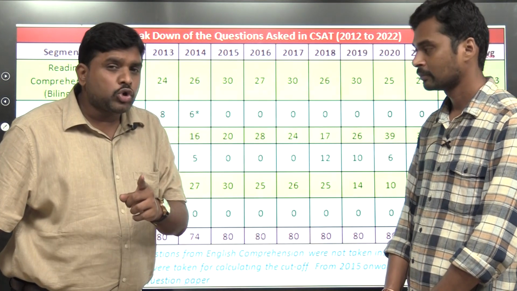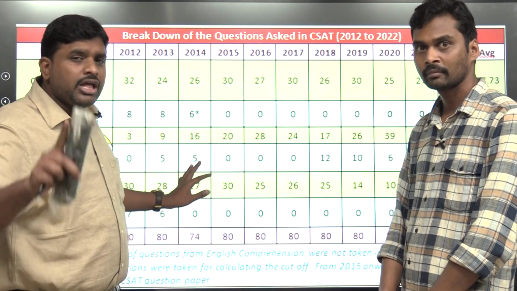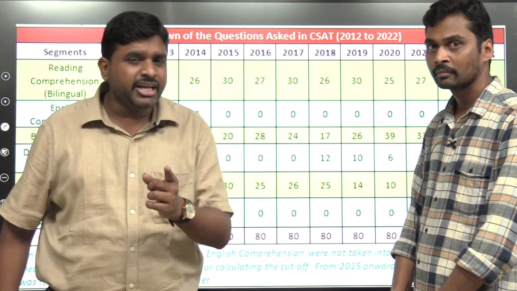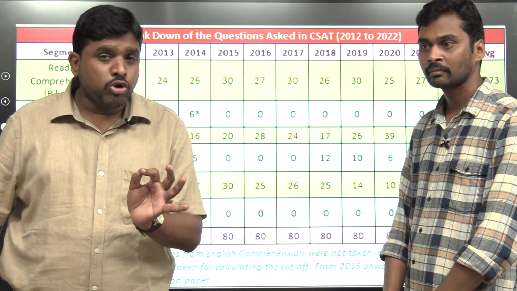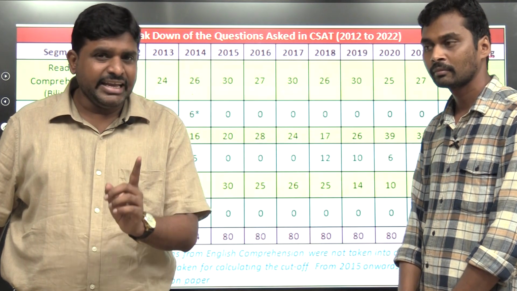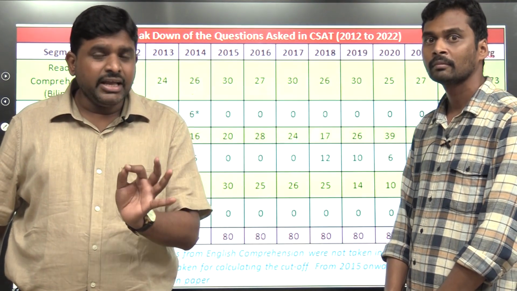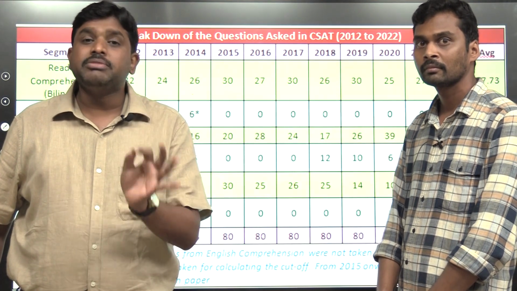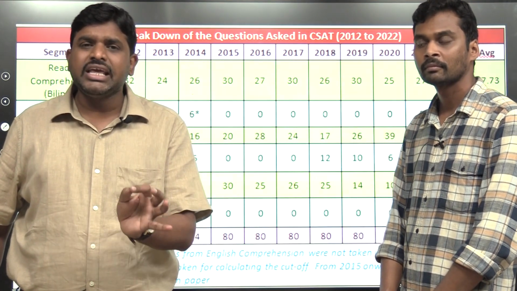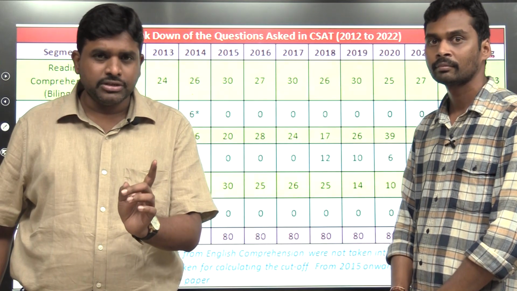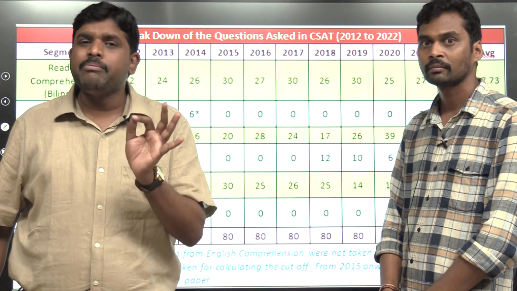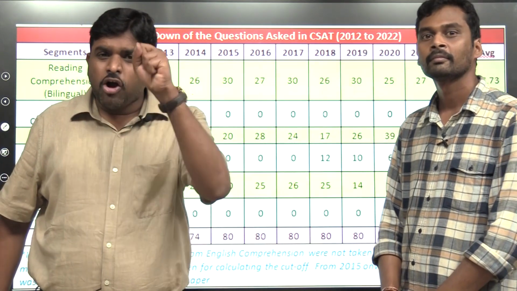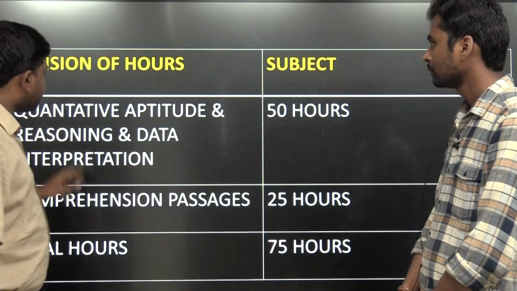Means 2/3 of the question paper is quantitative aptitude, 1/3 is comprehension passages. Understand, my dear students, 2/3 of the question paper means out of 80, nearly 50 questions are from mathematics, meaning quantitative aptitude, reasoning and data interpretation, whereas the remaining 1/3 of the questions are from comprehension passages.